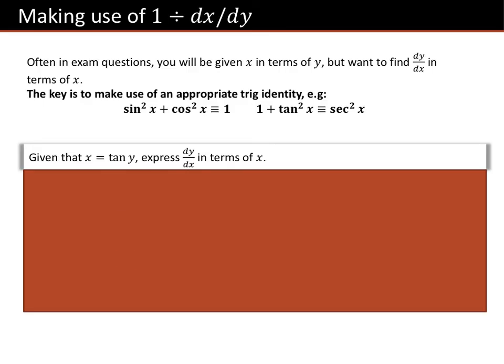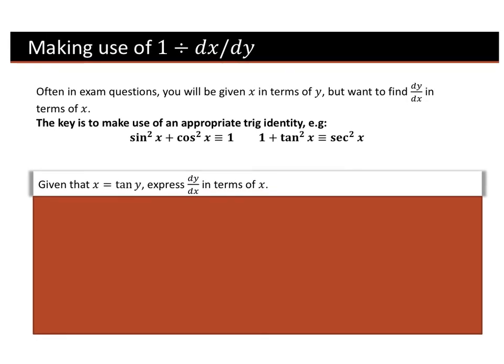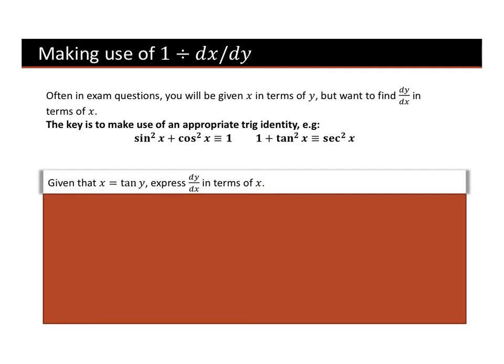Making use of the division one: 1 divided by dx by dy is in fact dy by dx. So it says here, given that x equals tan y, express dy by dx in terms of x. So we're going to differentiate tan y.